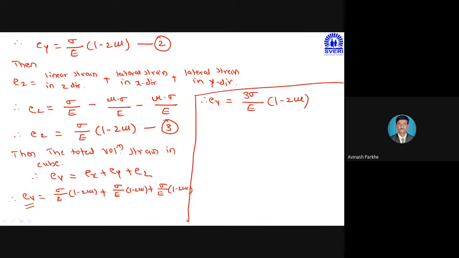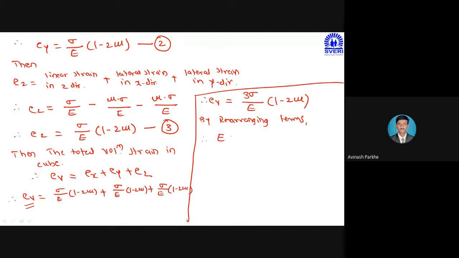We have made the addition of all the three things. Therefore, 3 sigma upon E in bracket 1 minus 2 mu. Now, by rearranging the terms in the above equation, you will get the above equation.